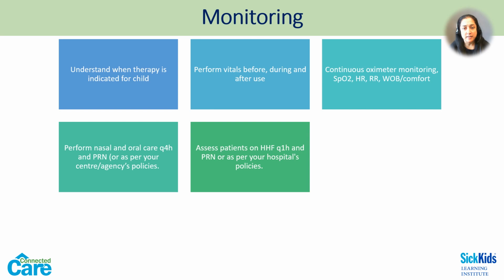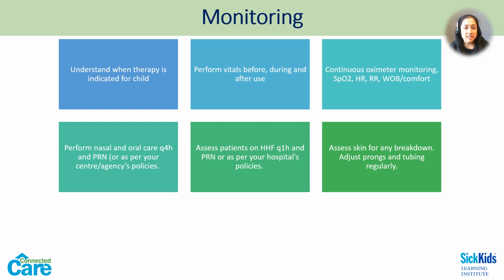In the hospital, initial assessment should be done at the start of shift in collaboration with RT and RN. And this is to assess the patient and the plan of care for the shift. And then it should also include what to do in the event of an escalation of care or even the weaning of a child from heated high flow, and then a review of the heated high flow setup if needed.